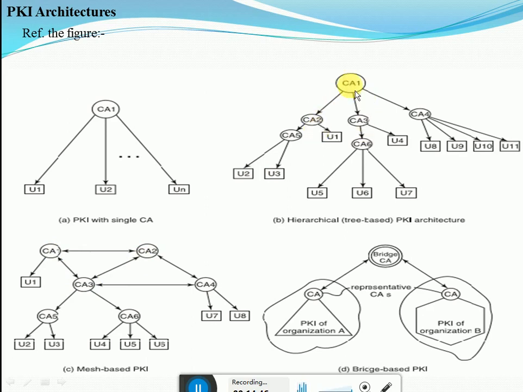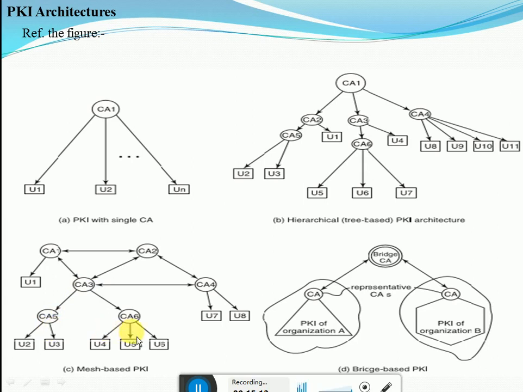CA1 is the highest authority over here, and he appoints the remaining ones. But in this case, these CAs support each other, and these CAs are directly in touch with their end users. Apart from that, these CAs also have the authority to appoint new CAs.